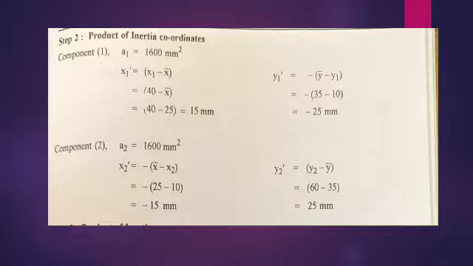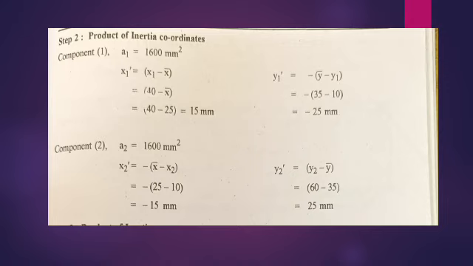The x bar value is 25 and the x2 value is 10. While subtracting, we get the answer as minus 15 mm.